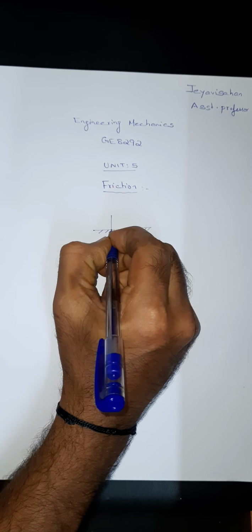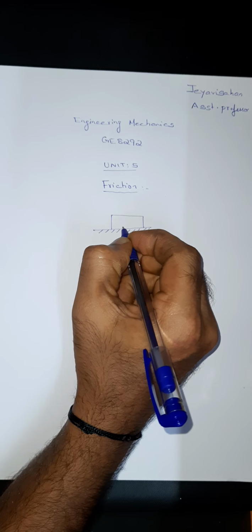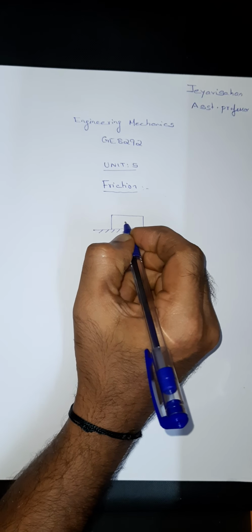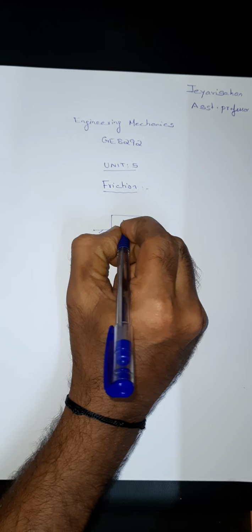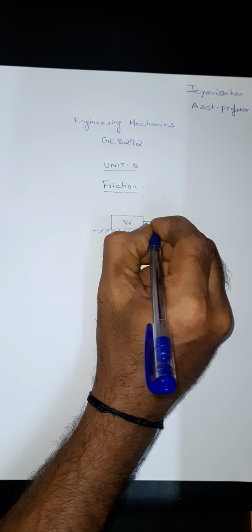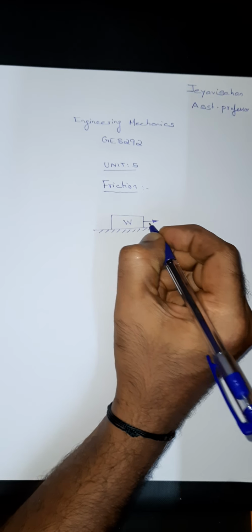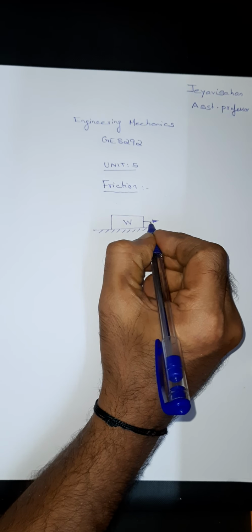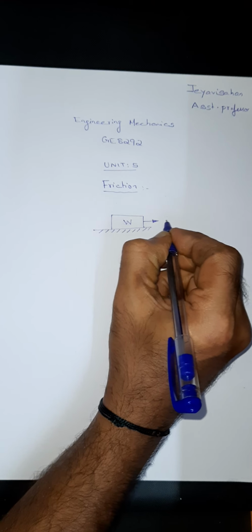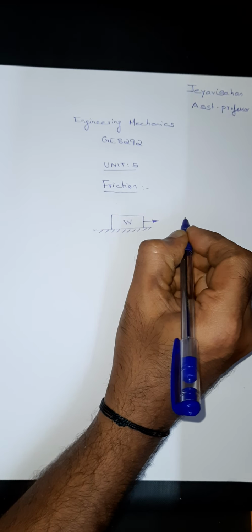Over the horizontal surface, an object or body is kept, and a weight W. A force is being applied to pull the body. Now, when you pull the body towards right, the body starts moving towards right.